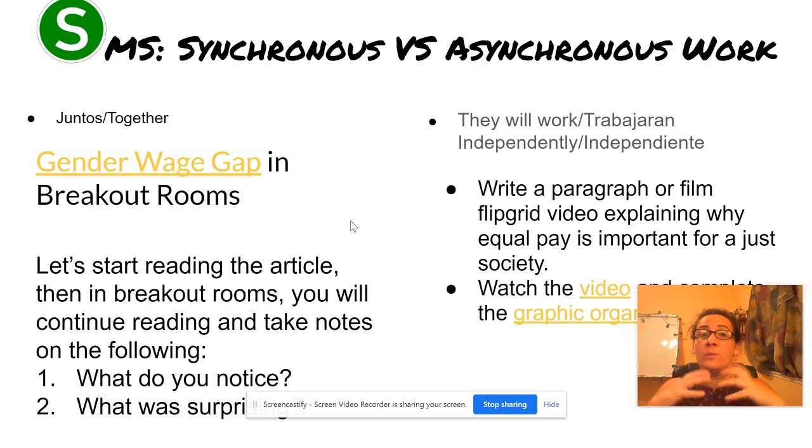We went from me teaching it and showing them how to read a graph, because on the LPAC test, they need to be able to look at a graph, any kind of graphic, and give and share information about that graphic. Then they went in a breakout room and worked together and shared ideas. And then we came back together as a class and shared out.